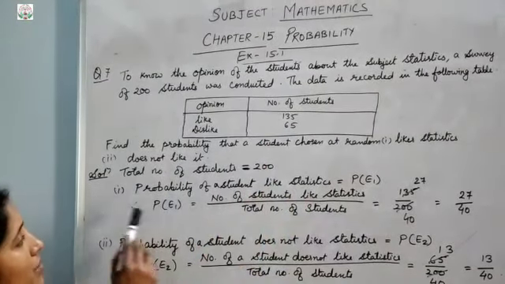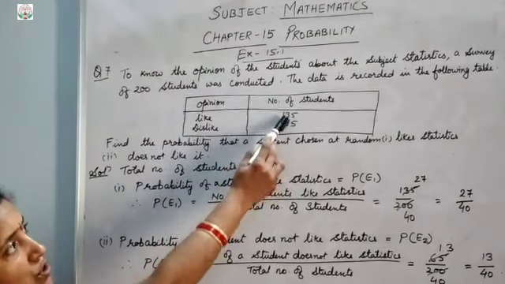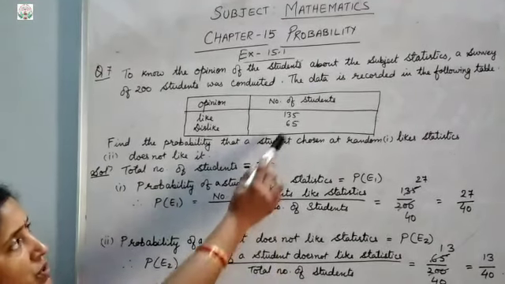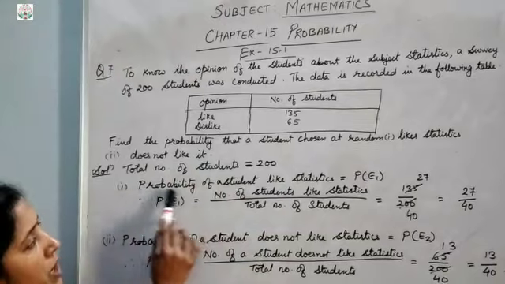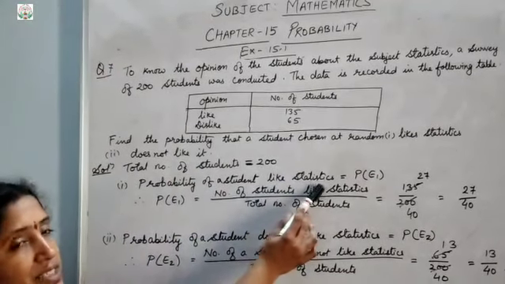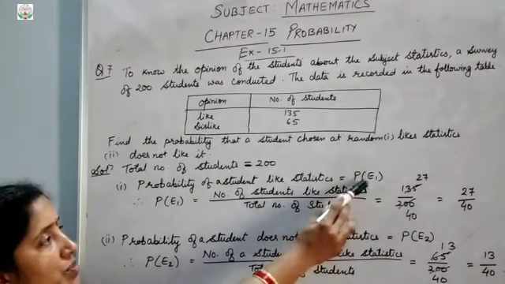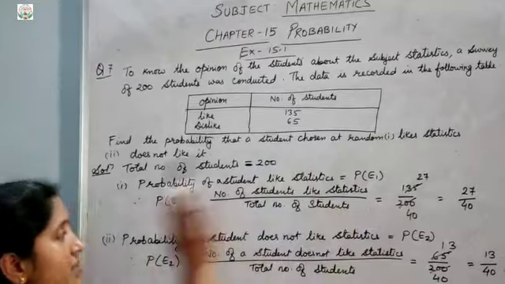So simple. Total number of students equals 200. It is given in the question, or when you add these, how much do you get? 200. So total number of students is 200. Now the probability that a student likes statistics. Let it be P of E1. P of E1 means the probability of students who like statistics.